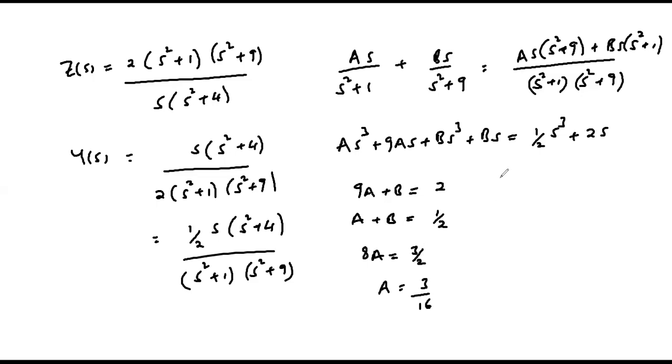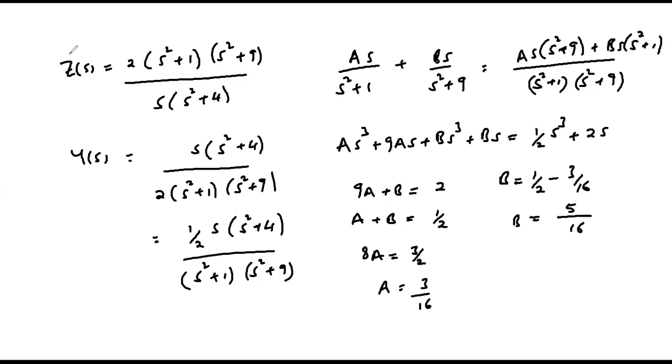From the second one, you can notice that B will be a half minus A, which is a half minus 3 over 16, and this will give us 8 minus 3 over 16, which is 5, and our B is 5 over 16.